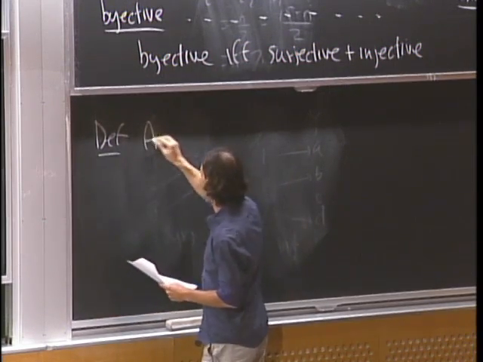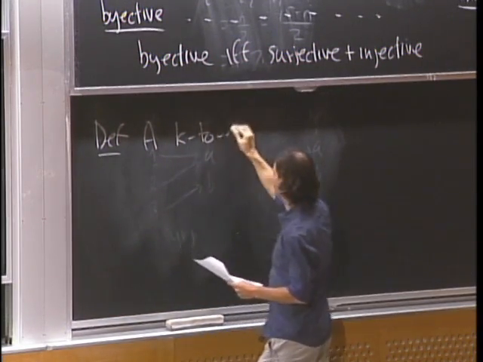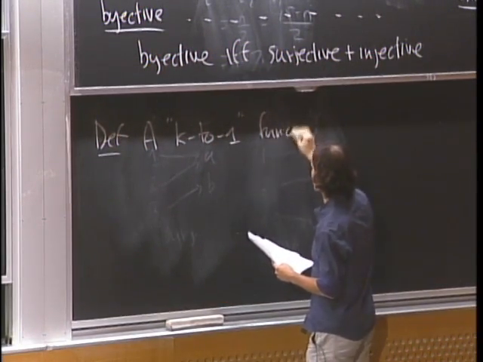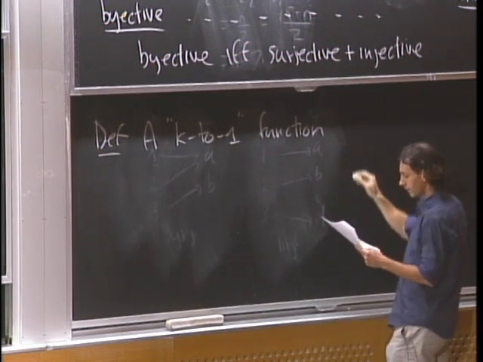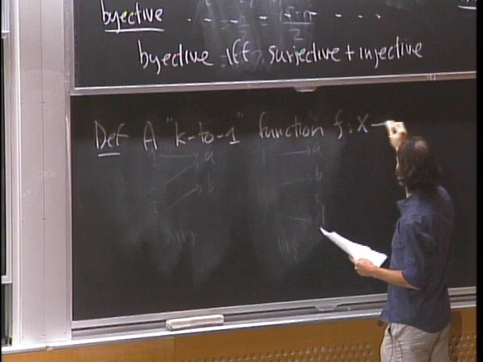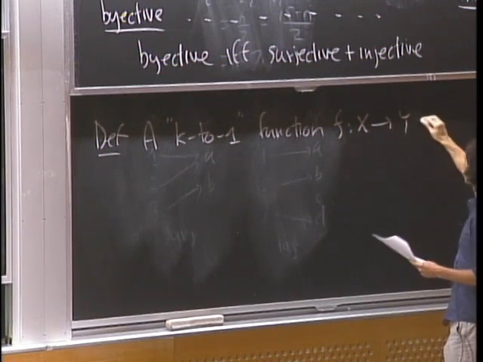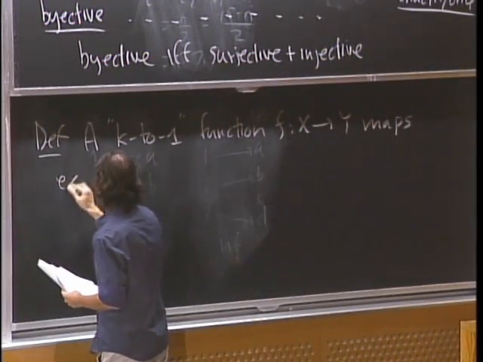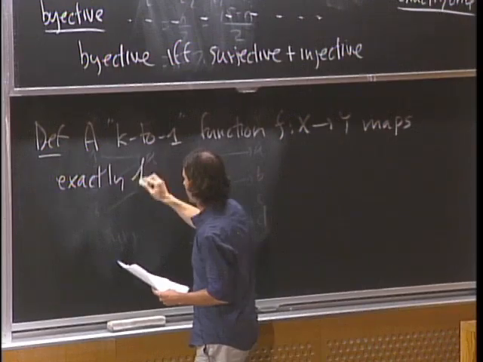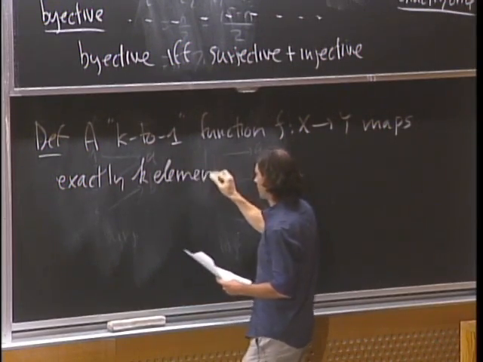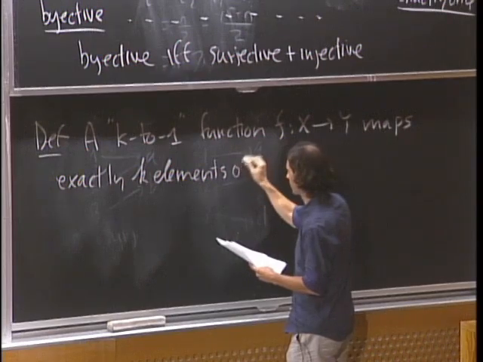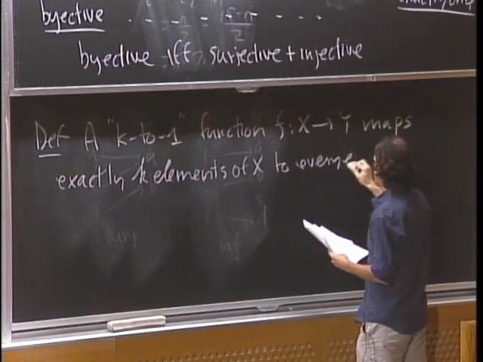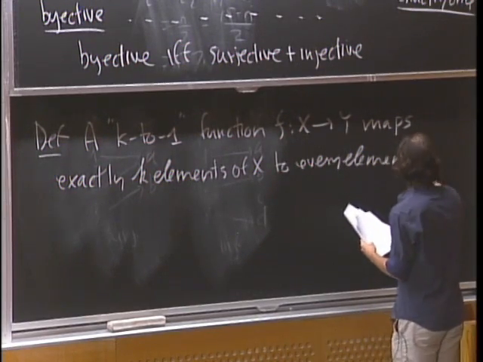We say that a k to 1 mapping, k to 1 function, f from x to y, maps exactly k elements of x to every element of y.